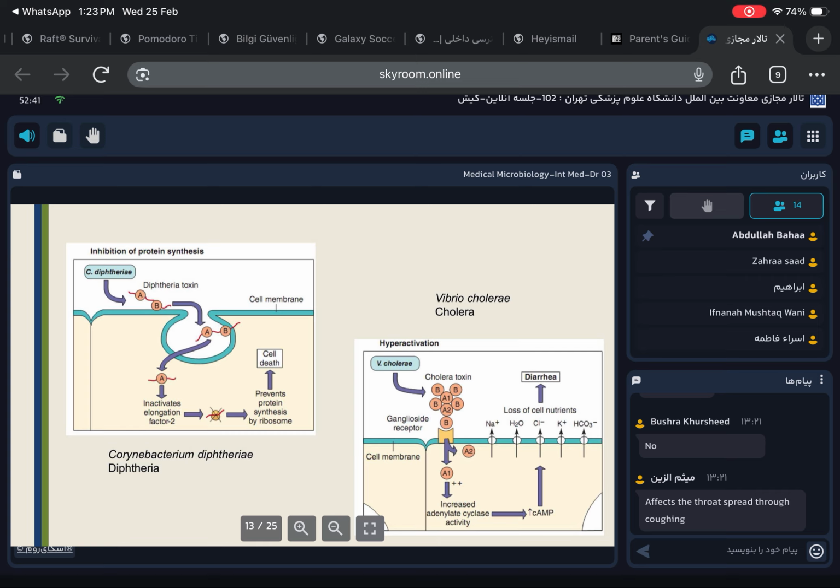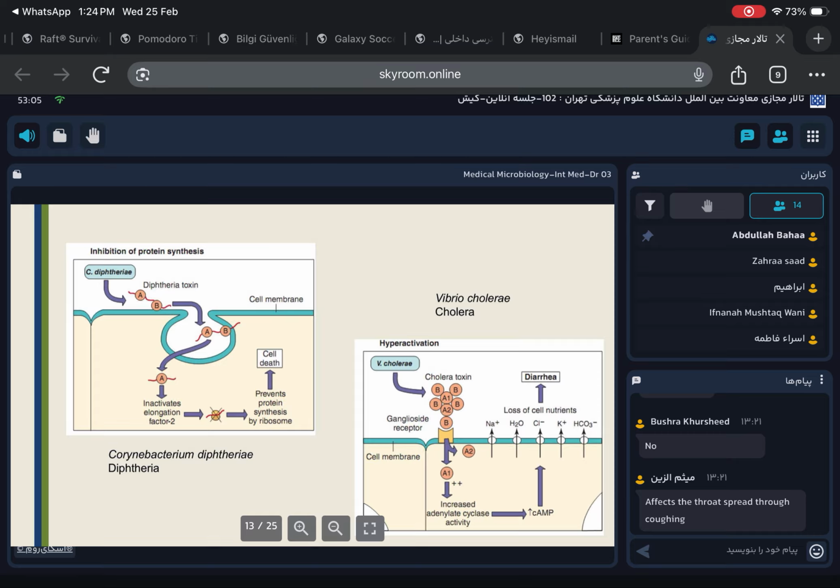It attaches to its receptor. The A part gets released into the cytoplasm, and it actually increases the adenylate cyclase activity. Adenylate cyclase is a type of enzyme in the cell which is responsible for converting ATP into cyclic AMP.